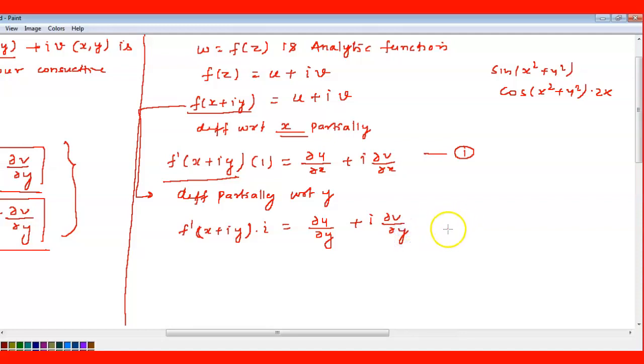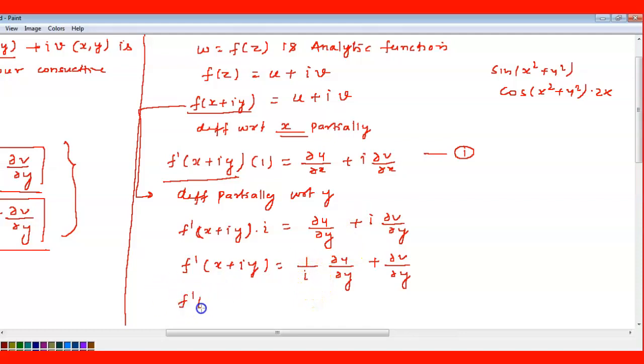Any doubt till here? Now this i I will bring to this side, so we can compare; the left hand side is the same. So I will get f dash of x plus iy as it is, and this one will get 1 upon i del u by del y plus, this i gets cancelled, del v by del y. Just this one I have brought to this side. So this is 1 by i and this i gets cancelled, right?